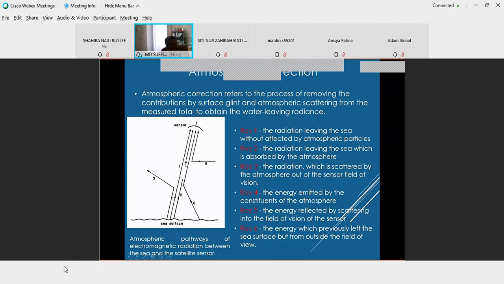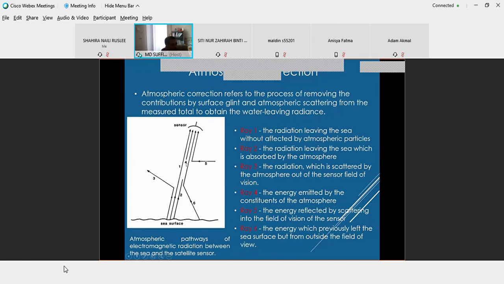This number 4 also has to be corrected, because number 4 does not come from the ocean. And number 3, because of scattering, the reflected light is lost in the atmosphere. Number 5, because of particle scattering, does not come from the sea surface, but from scattering by particles in the atmosphere. This also has to be corrected.